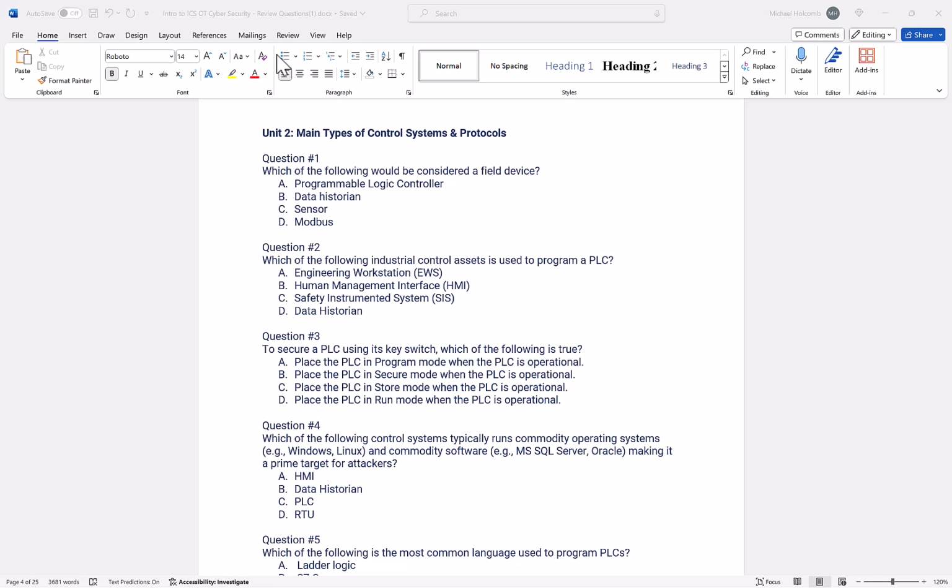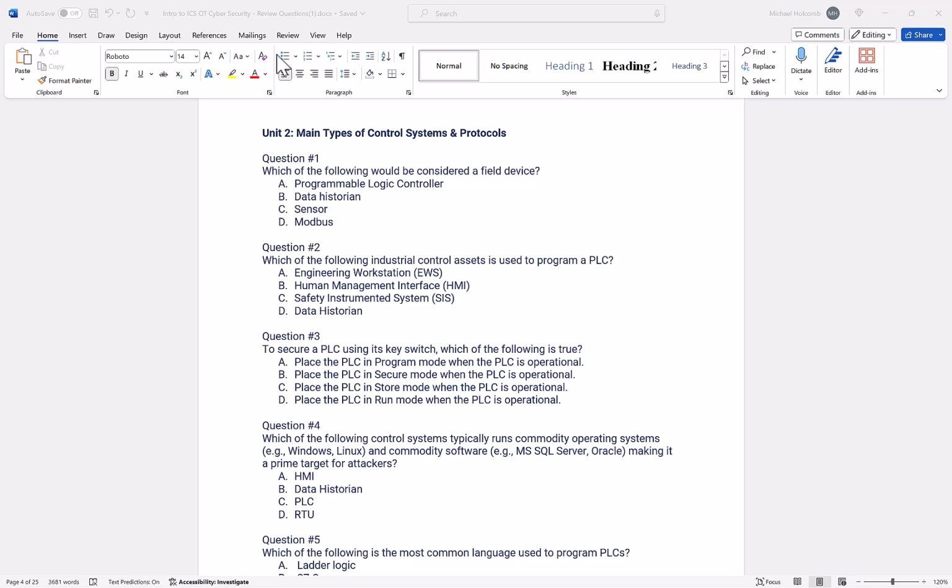That way an attacker can't remotely change the PLC programming, like the ladder logic, and they wouldn't be able to upload new firmware. So there's this general assumption within the community: if your PLCs are in run mode, it can't be hacked.